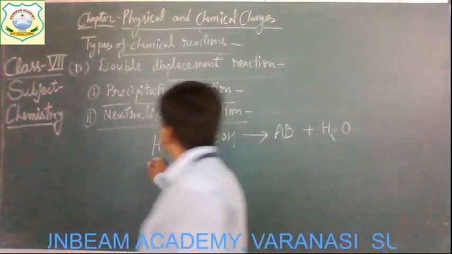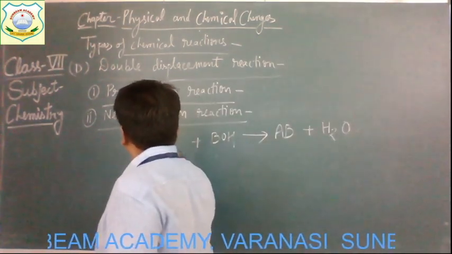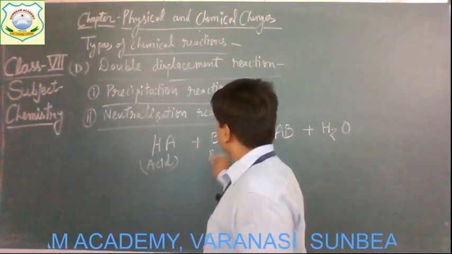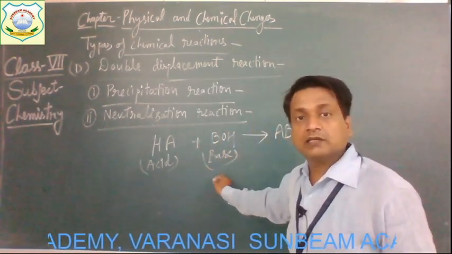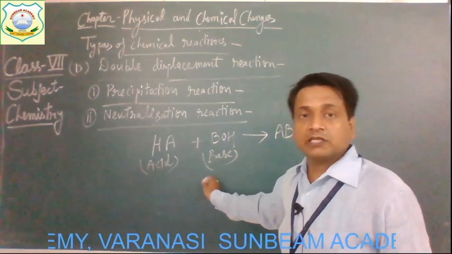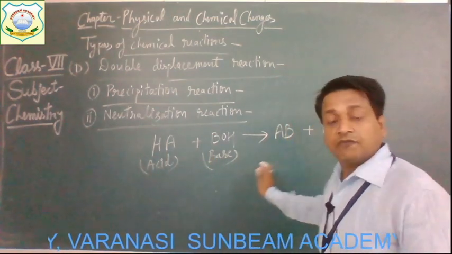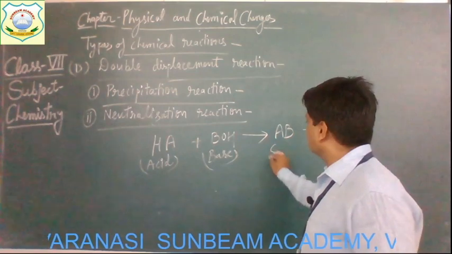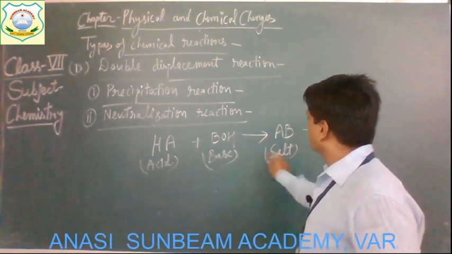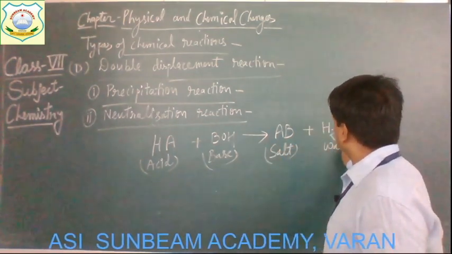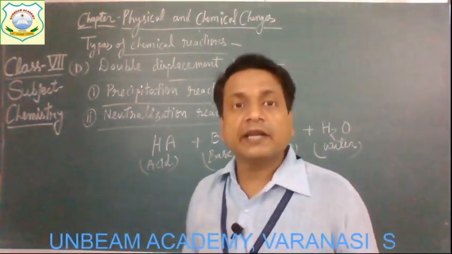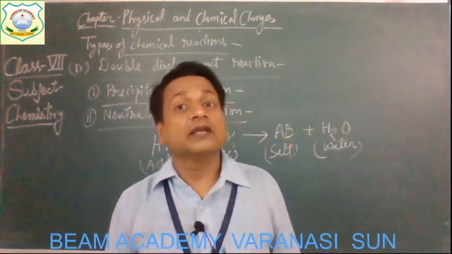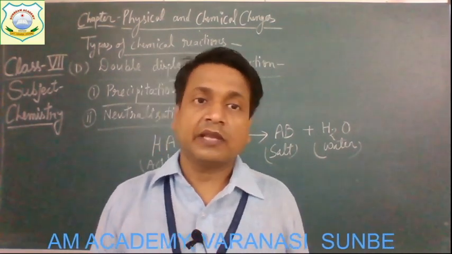So this is the acid, this one is a base, and when they both react, a double displacement reaction occurs and forms a salt and water. This kind of reaction is known as a neutralization reaction.